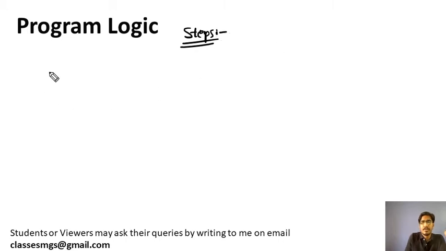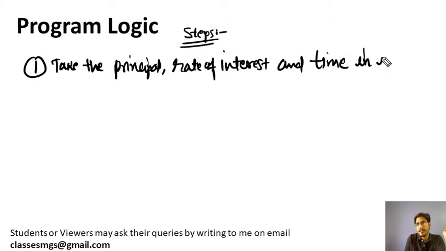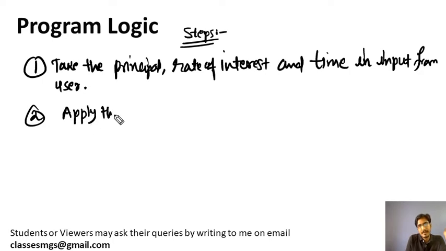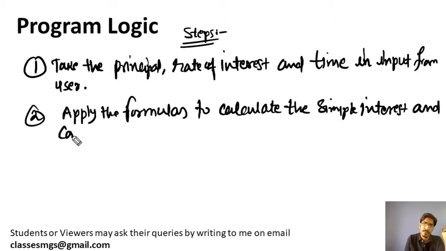The first thing you need to do is take the principal, rate of interest and time as input from the user. The first step is to take the input, then apply the formulas to calculate the simple interest and compound interest.